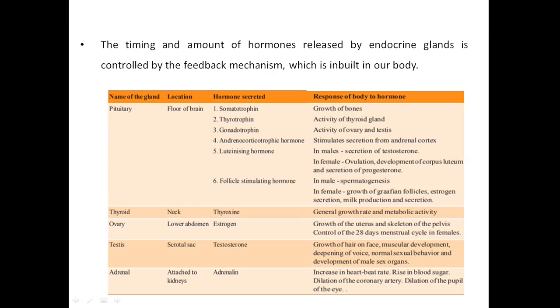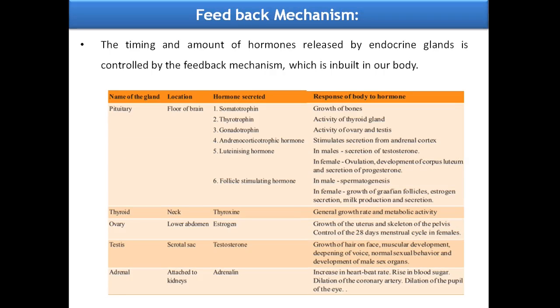It is necessary that the hormones are secreted by the glands in our body in precise quantities, which is required for the normal functioning of the body. This means that there should be some mechanism to regulate the production and release of hormones. The timing and amount of hormones released by endocrine glands is controlled by a feedback mechanism which is inbuilt in our body.